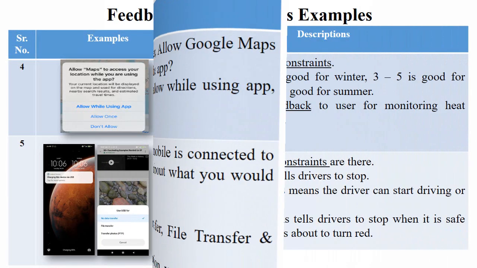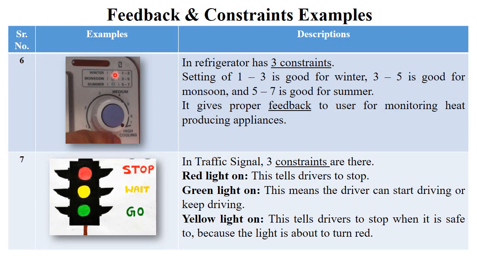Next, the example is related to the refrigerator. I think you are all familiar with this example. In your refrigerator, there is a button with a particular setting, with numbers from 1 to 7. If it is winter season, you need to set your refrigerator from 1 to 3.